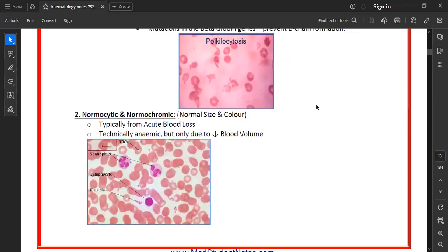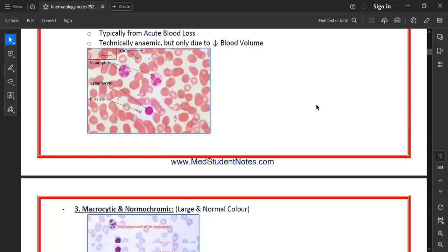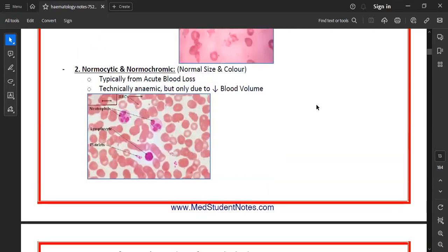Normocytic and normochromic red blood cells does not always mean that the red blood cells are healthy. It can also mean that there are still underlying problems. Okay, it's not very serious for these ones, but it is something that is worth mentioning. So this can be seen in anemia that is due to acute blood loss.